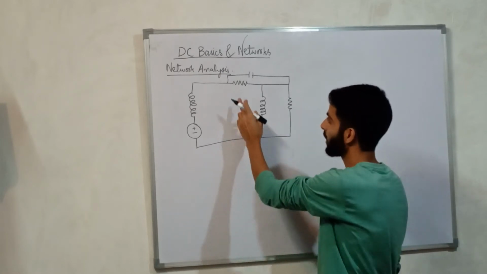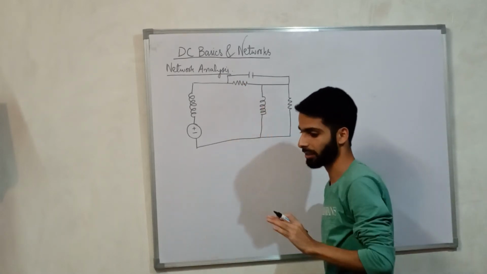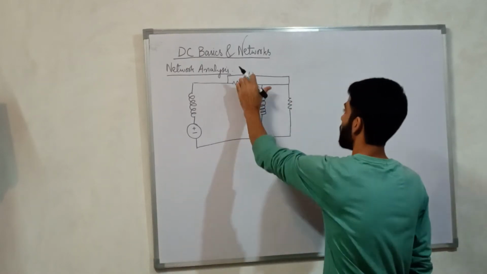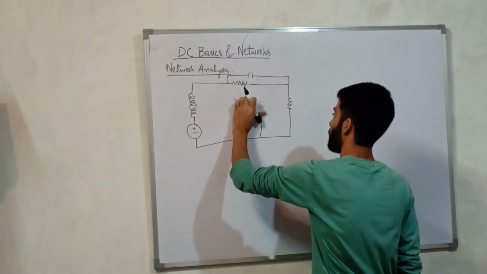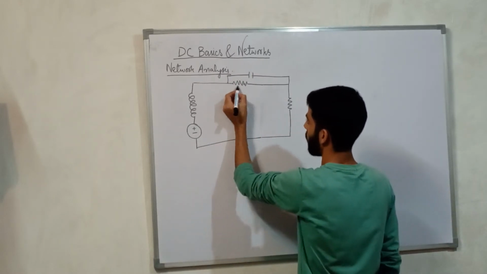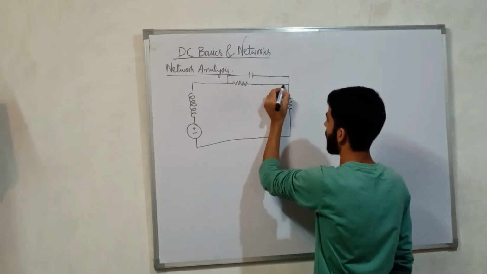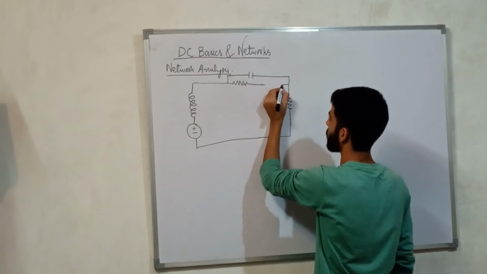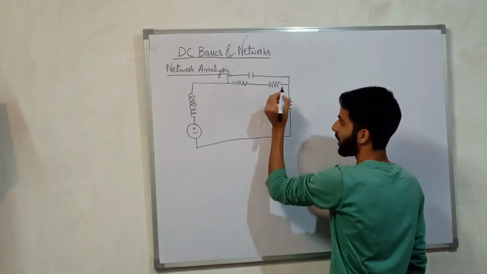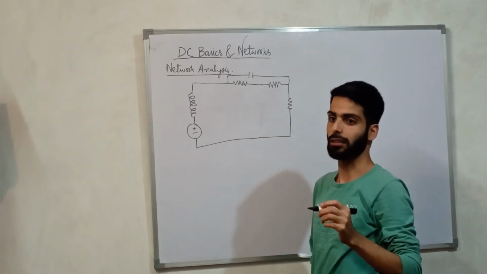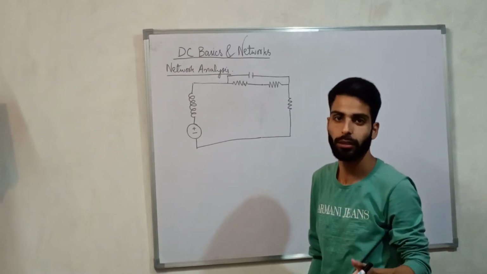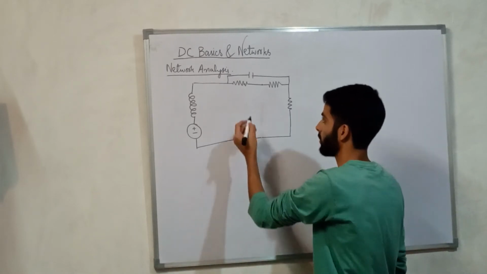From here, I'll be taking 1, 2, and 3 branches. Wiping this out, I'll make it over here, and I'll make another resistor here so that the structure will be very coherent and very clear for you to understand what I am going to do henceforth.